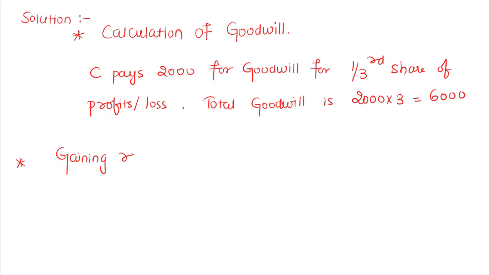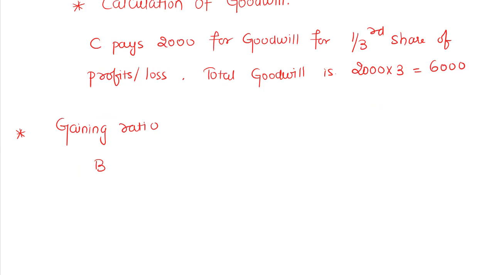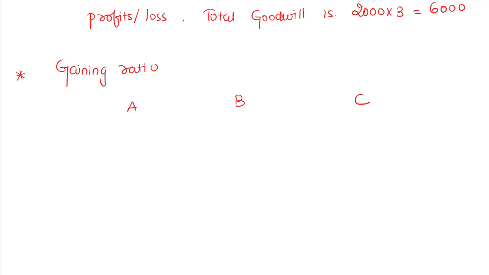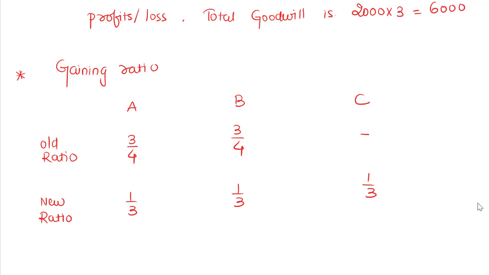Gaining ratio. A, B, and C. Old ratio 3 by 4, 1 by 4, and nil for C. New ratio 1 by 3, 1 by 3, 1 by 3.